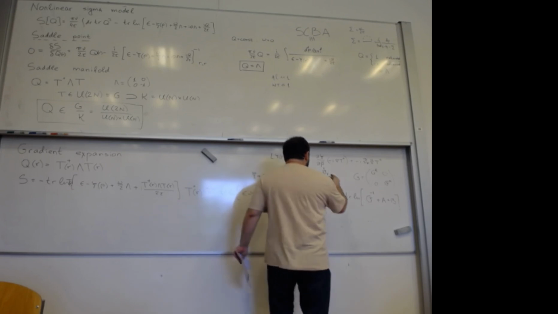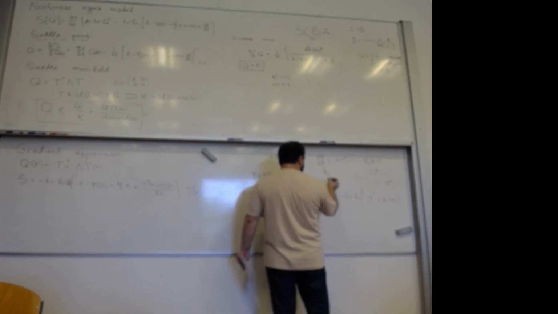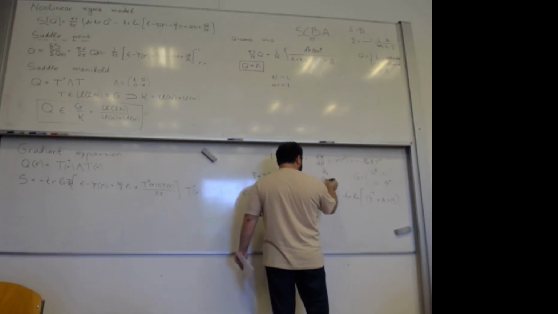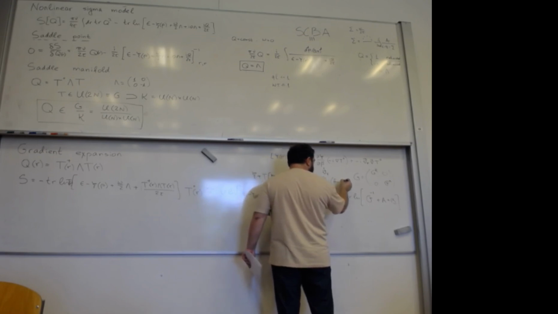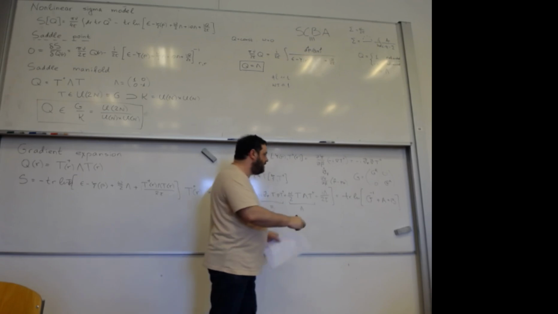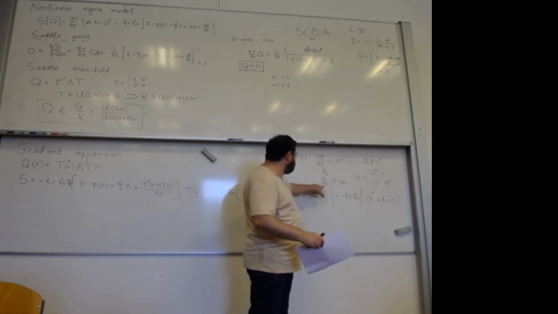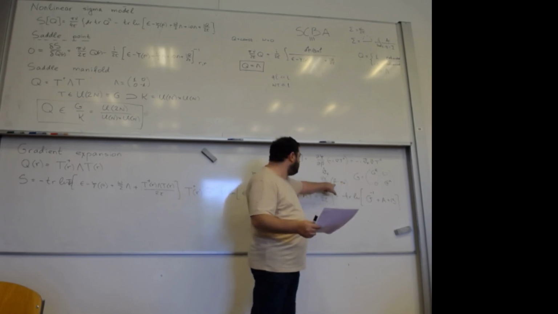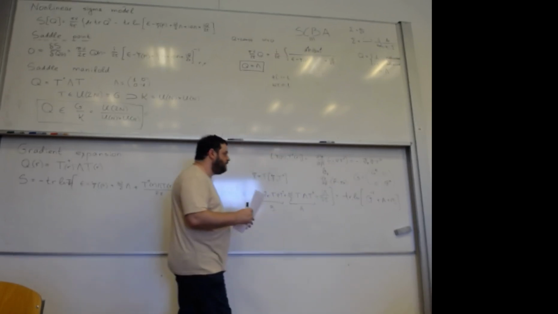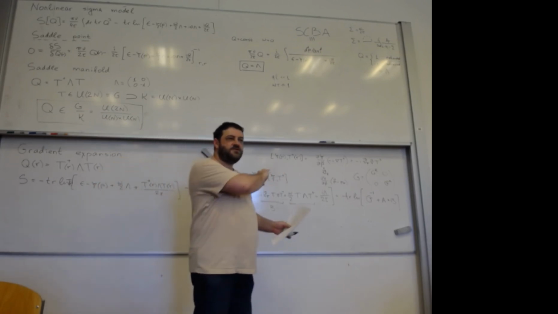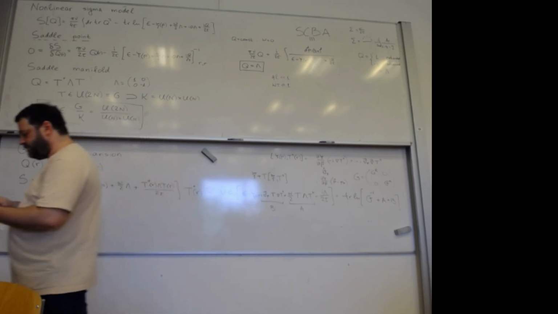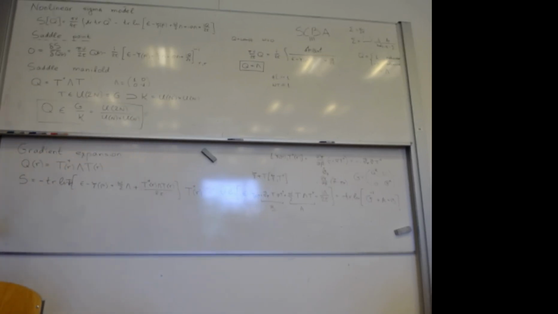What is written here is d psi by dp times p minus p_F. This is the Fermi velocity, this is the number, and this is an operator which I can use to get this gradient. It's a lot of cheating in what I'm telling you, but the result is still correct.